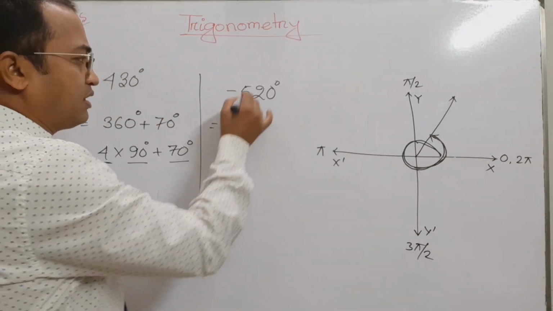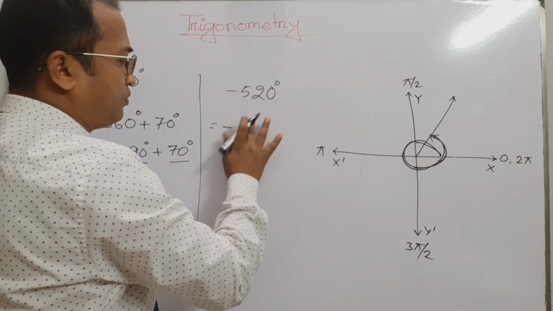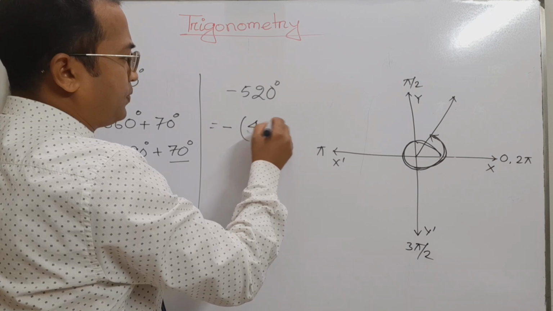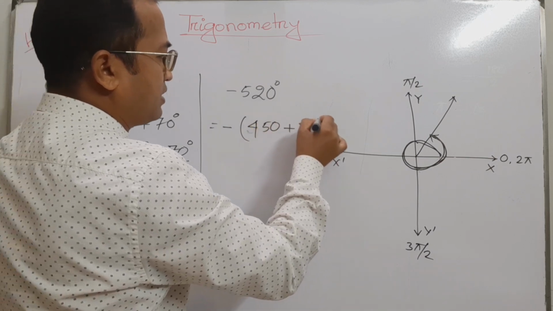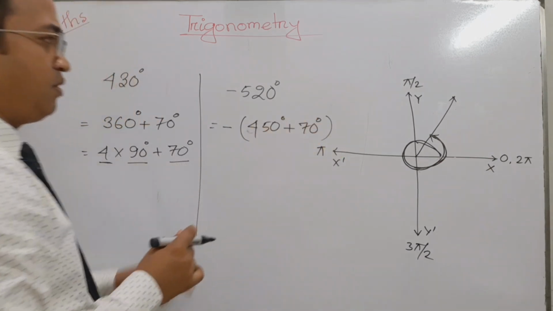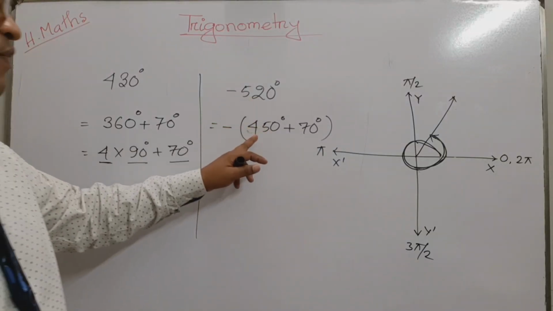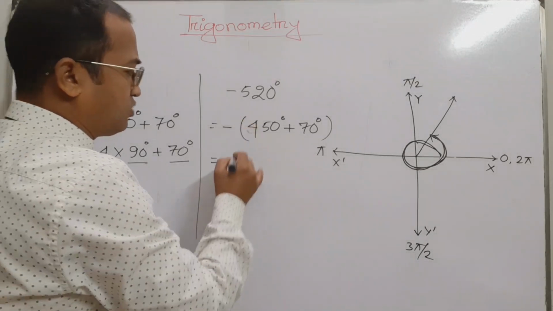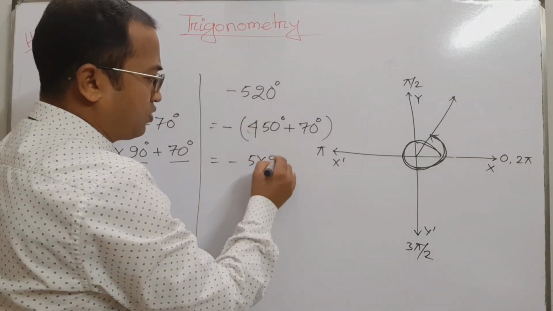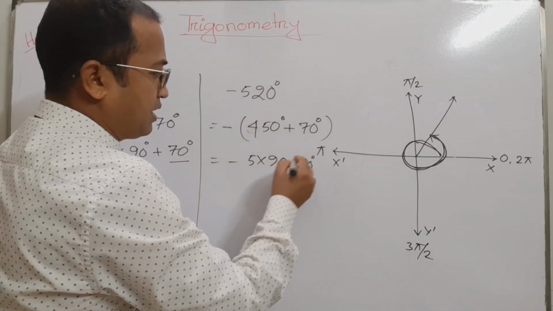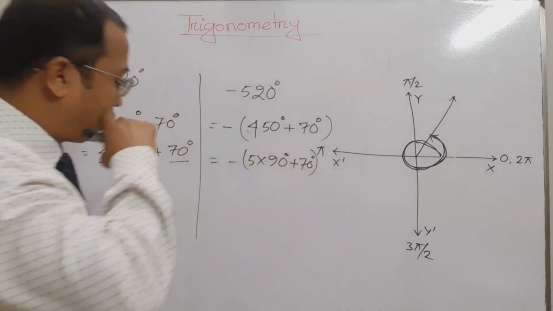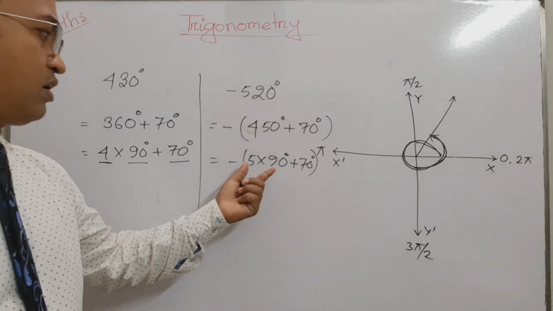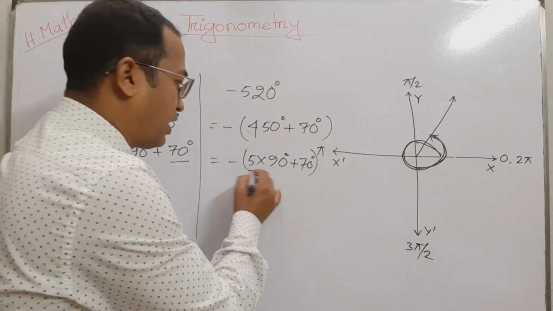Now you can write 520 as 450 plus 70 degrees, that is 5 into 90 plus 70 degrees. So look, if you want to find the location of 520 degrees, you should revolve 5 quadrants.